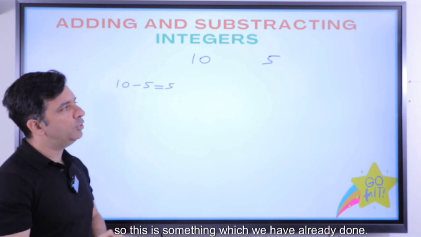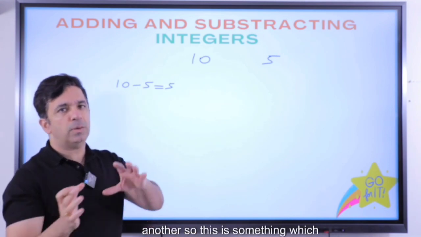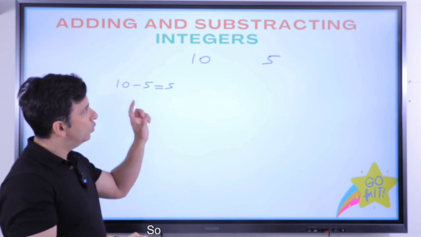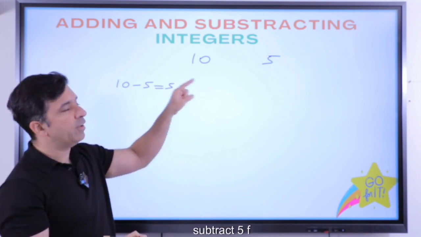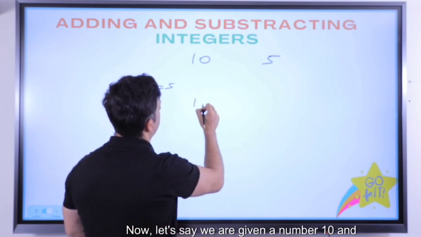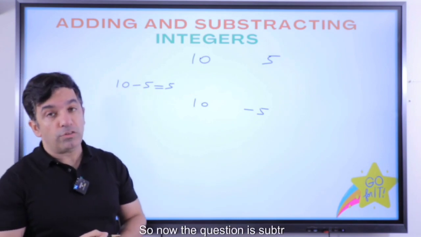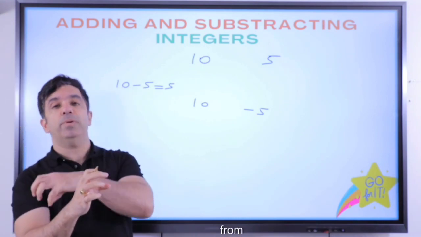This is something which we have already done while simply subtracting one term from another. So in this case the question was simply subtract 5 from 10. Now let's say we are given a number 10 and another number is minus 5. Now the question is subtract minus 5 from 10.